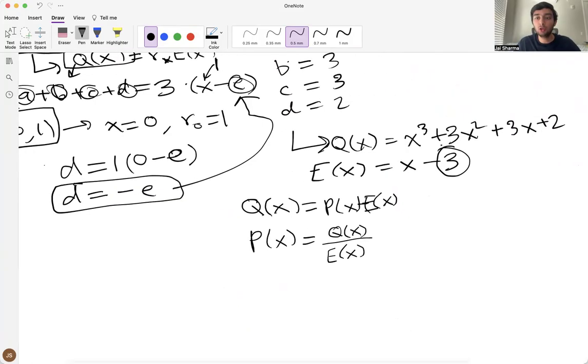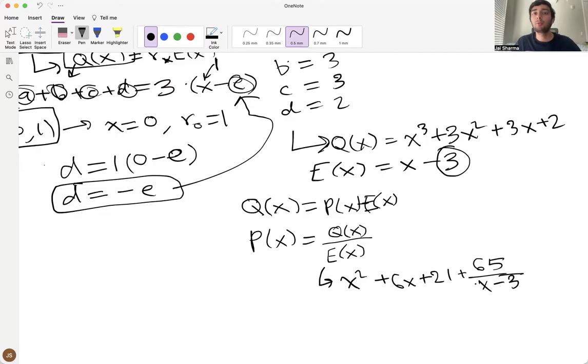And this is just polynomial division. We have to divide this polynomial by this polynomial, right? And let me just tell you what the solution is. If you divide these two polynomials, you end up getting x squared plus 6x plus 21 plus 65 over x minus 3.